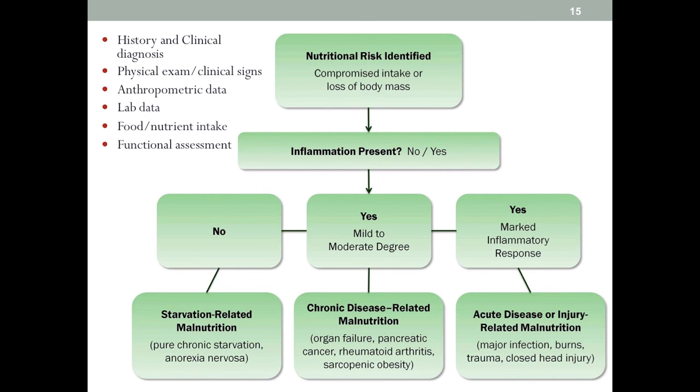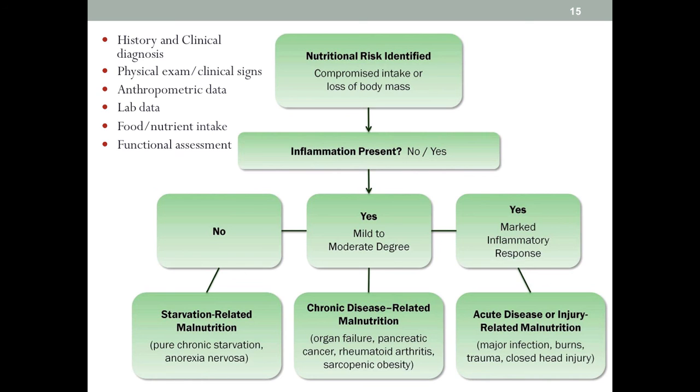So back to this etiology-based malnutrition definition and the decision-making charts. We do need to collect a lot of information when we are making this diagnosis. Looking at the history and clinical diagnosis, whether it's a long-term condition like a renal patient, or if it's acute trauma, as if an athlete just got into a car accident.